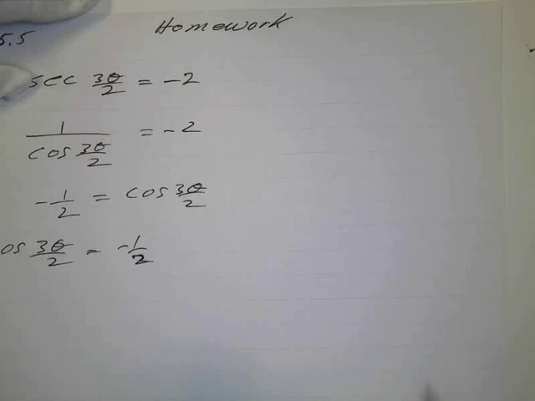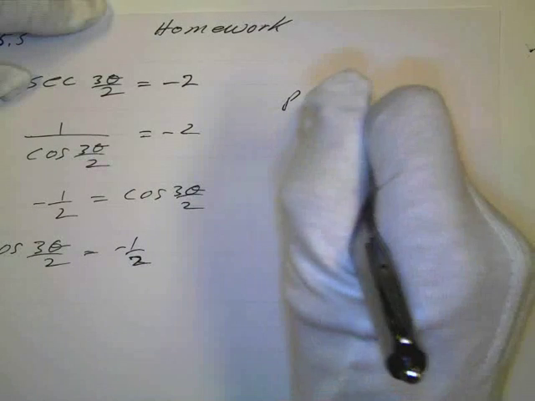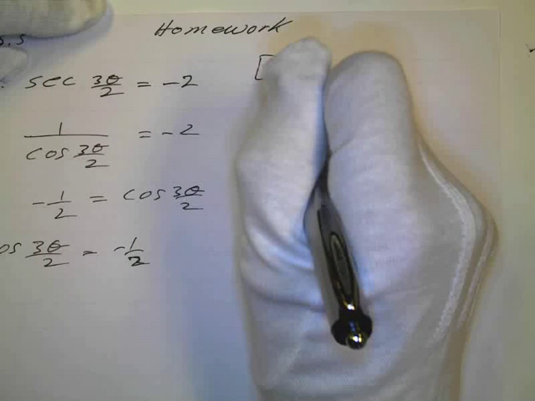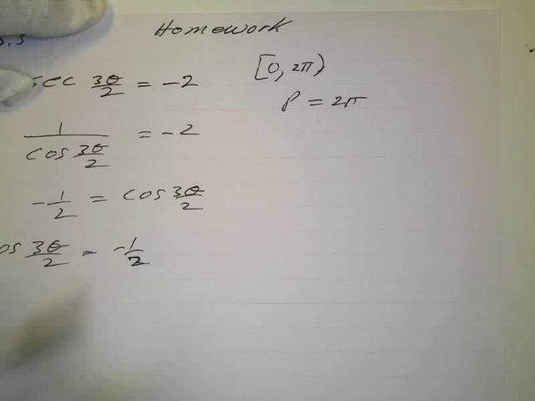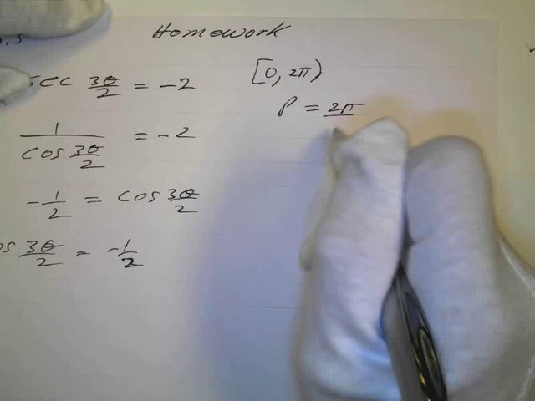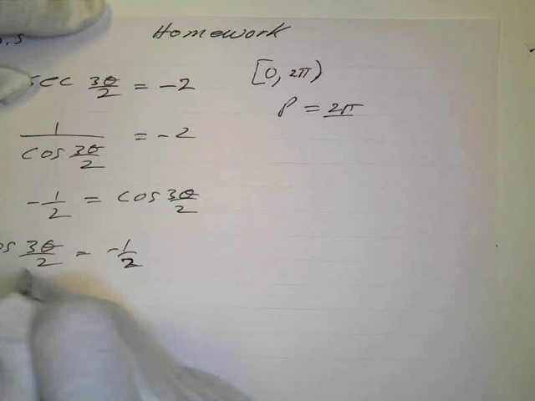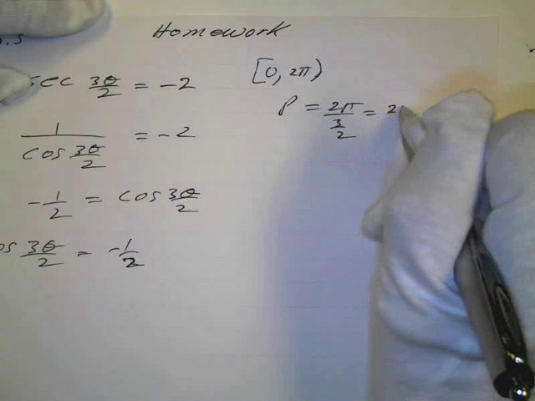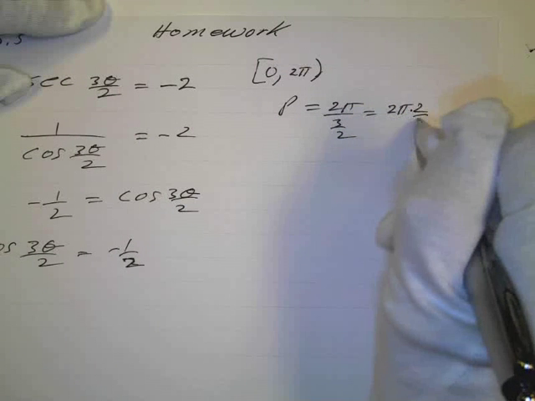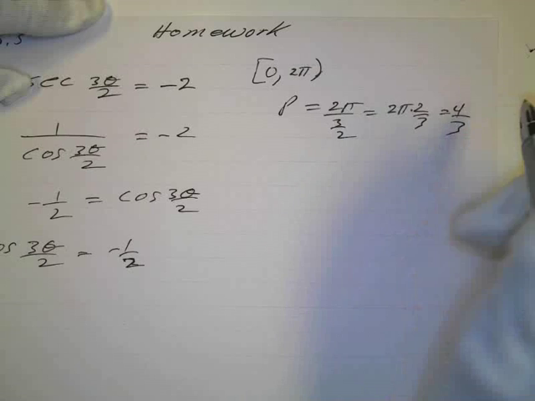So I can say that the cosine of 3 theta over 2 equals -1/2. Okay, so let's find the period of this. So the period is equal to 2 pi over b for the cosine. Now remember, we're on the interval 0 to 2 pi still. So that's our domain. We stick to domain. So 2 pi over b, which is 3/2. So if I invert and multiply, that's going to be 2 pi times 2/3, which is 4/3.